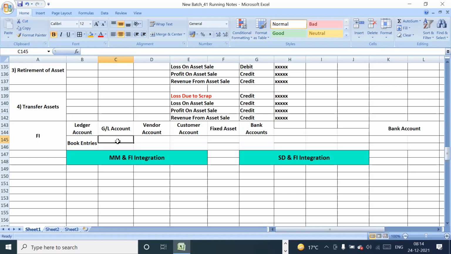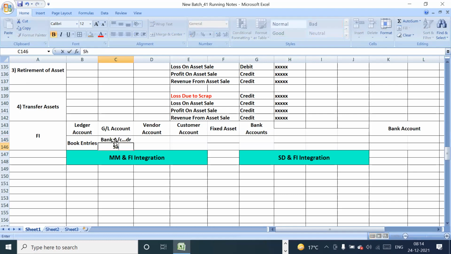Or else I'm going to start one business. Initially, business will start with what? Capital, right? Then what is the accounting entry? Bank account debit.